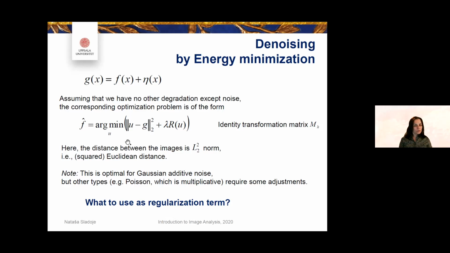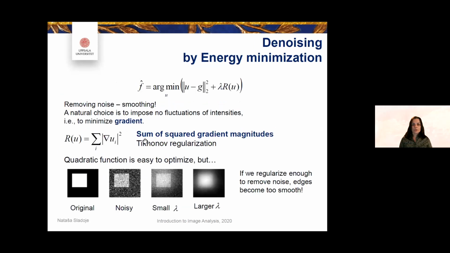So now we know everything about this data term. We know that we need regularization, but we don't really know yet what is a suitable one. So what should we use as regularization?